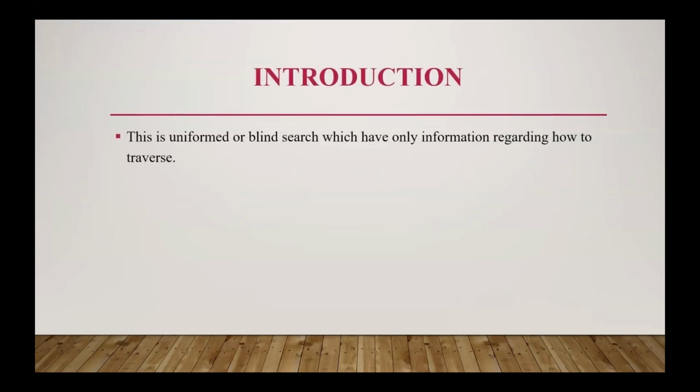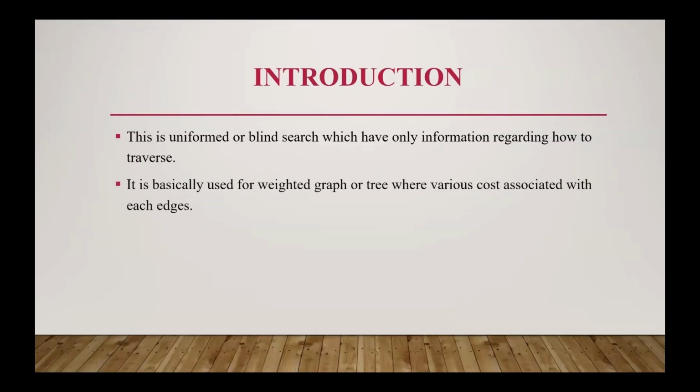This is an uninformed or blind search, which only has information regarding how to traverse. There is no prior information regarding the route details. It is basically used for a weighted graph or tree where various costs are associated with each edge.